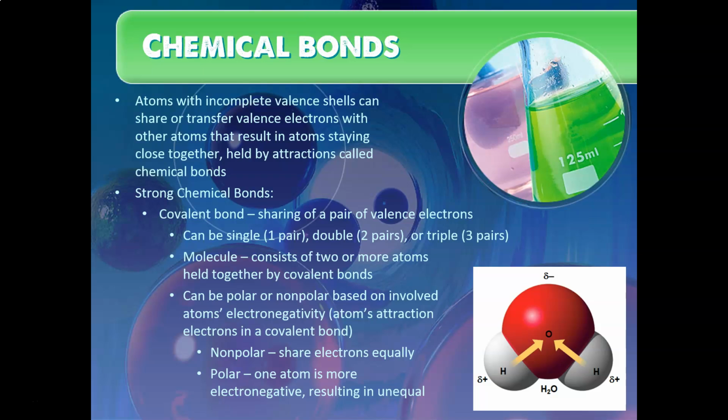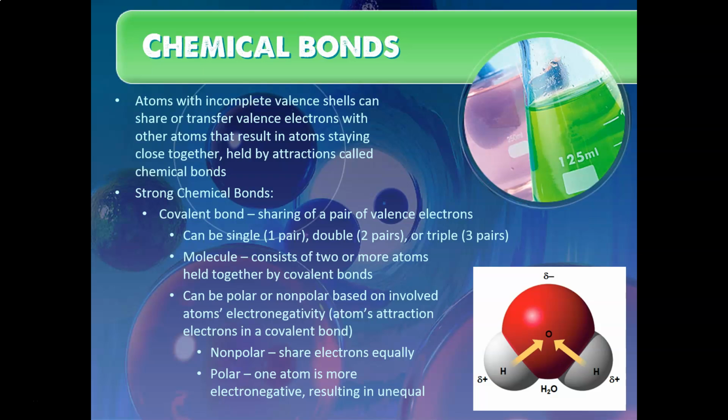So if they are equally sharing, the electrons are sharing the same amount of time around all nuclei of the atoms, then we would talk about it as a nonpolar molecule. If one atom is more electronegative than the other, resulting in that unequal sharing, something like what we see with water, where those electrons do spend more time in one part of the molecule than in another, you get these sort of partial charges as a result.